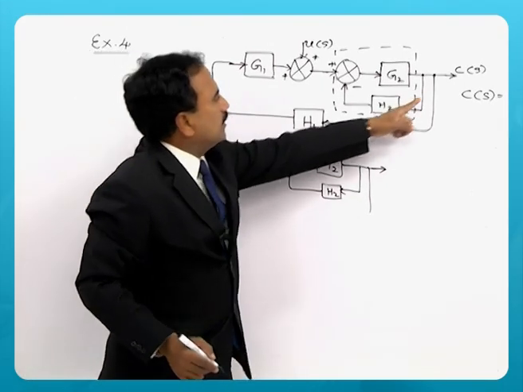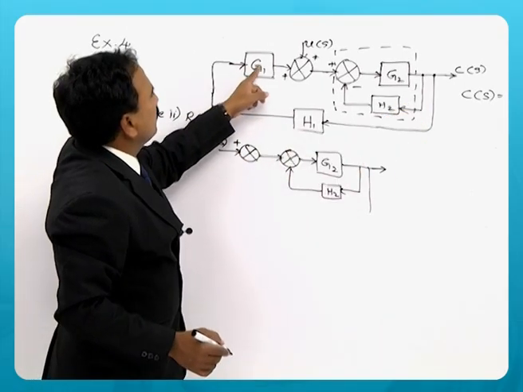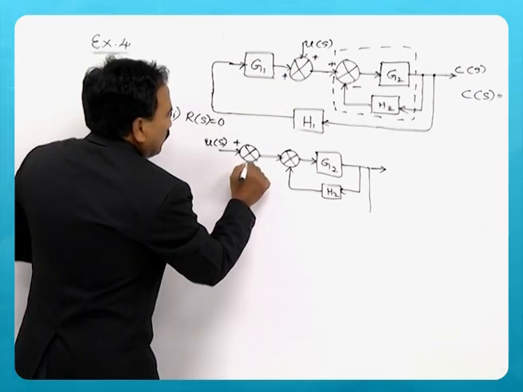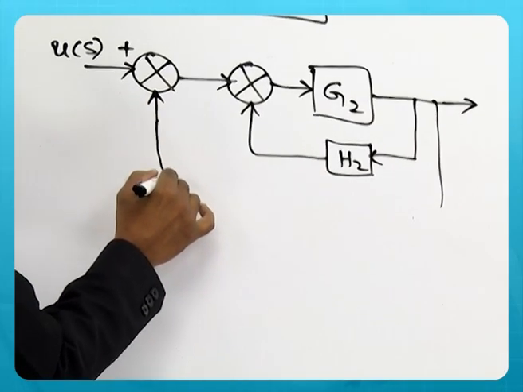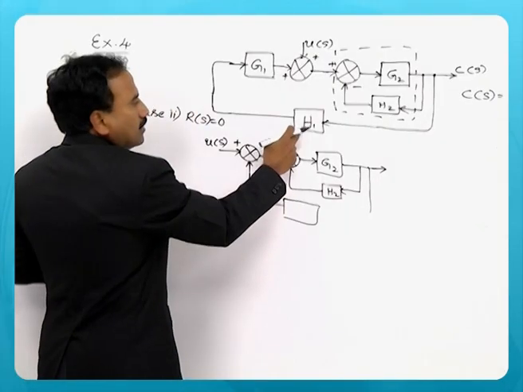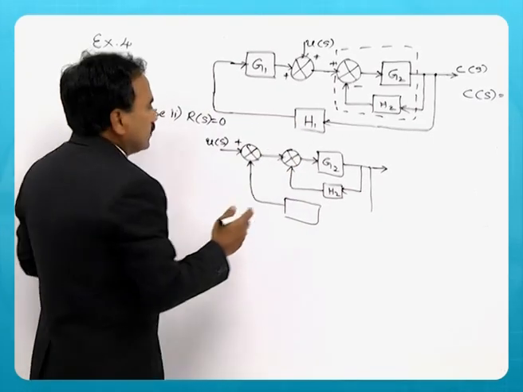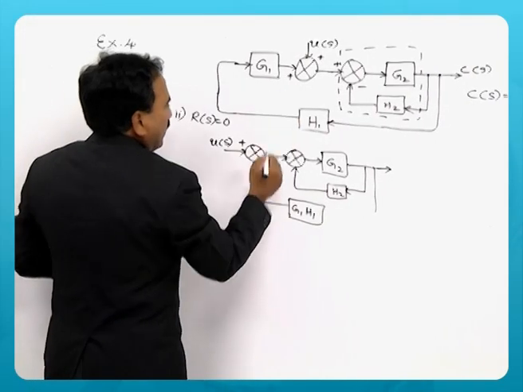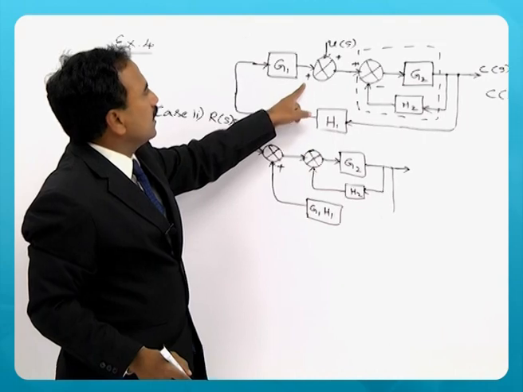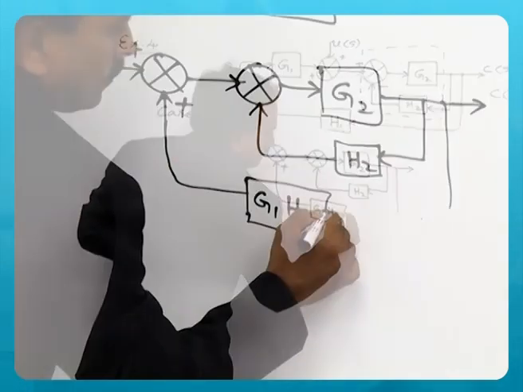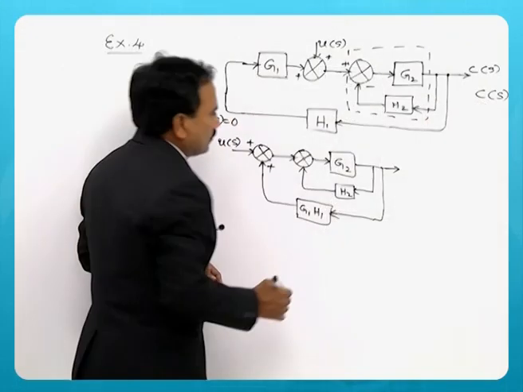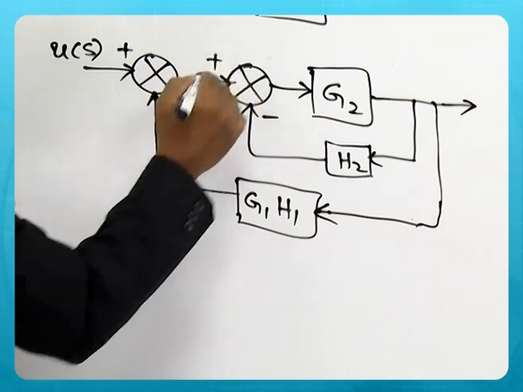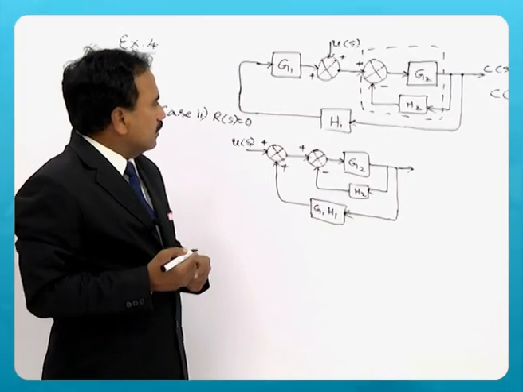Now you can see that this feedback through H1 and G1 is coming to this summing point where U of S is given. So you should have here the product, because H1 and G1 are in cascade. So you can write G1 H1 with plus sign here. So this is the block diagram redrawn with R of S equal to 0.